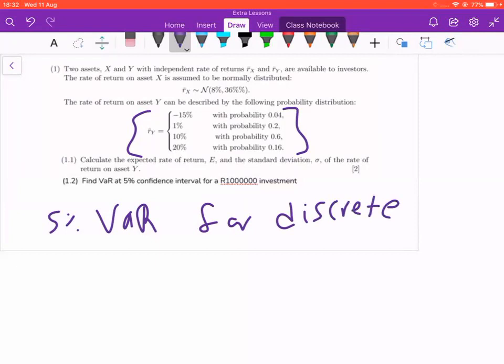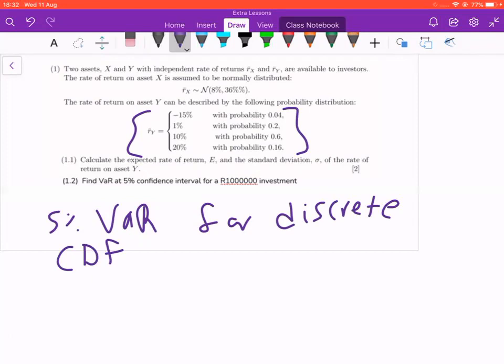My advice is that you should try to write down the CDF. This is my advice because it will help you visualize. If you are unable to find VAR so far, try to find the CDF.